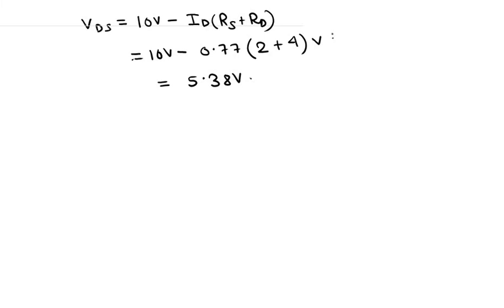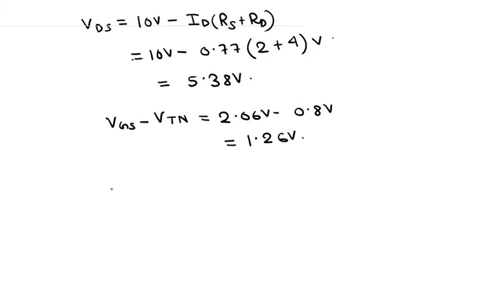Now, VDS is 5.38 volts, and VGS minus VTN: VGS was equal to 2.06 volts and VTN was equal to 0.8 volts, so this is equal to 1.26 volts.